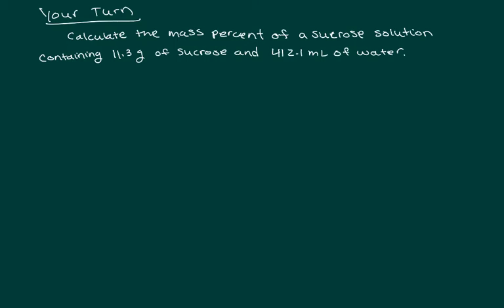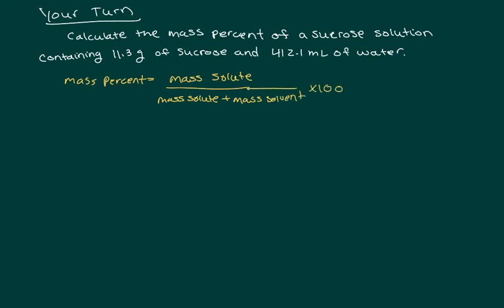Again, we have to use the formula of mass percent of solution, which is defined as the mass of the solute over the mass of our solute plus the mass of our solvent, and this is times 100.